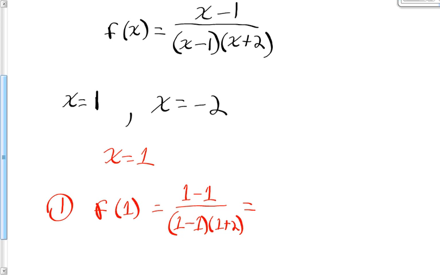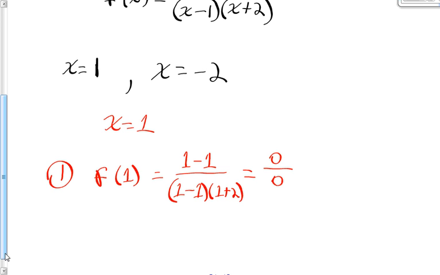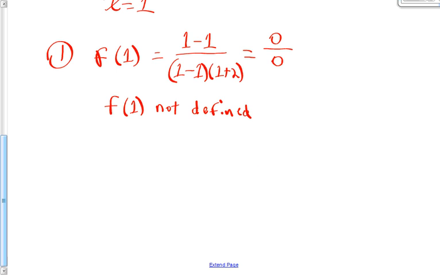In this case, I would get 0 over 0. So f of 1 is not defined, and automatically I know this function is not continuous at x equals 1. I just want to check what kind of discontinuity it is.